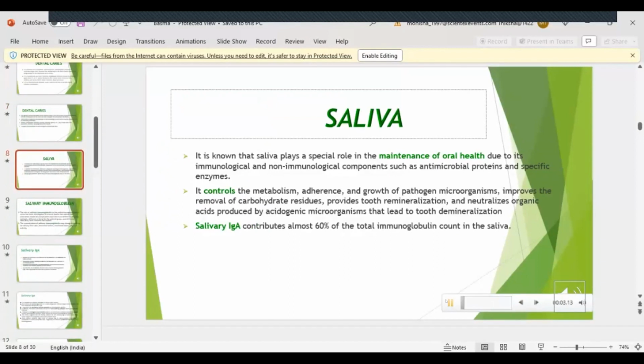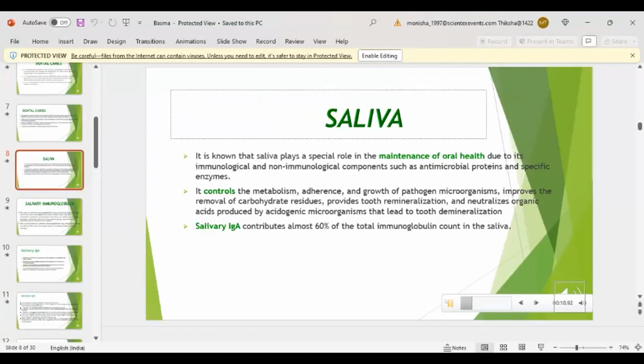Well, the saliva, as we mentioned, usually plays a very special role in maintaining oral health due to the factors that it contains.